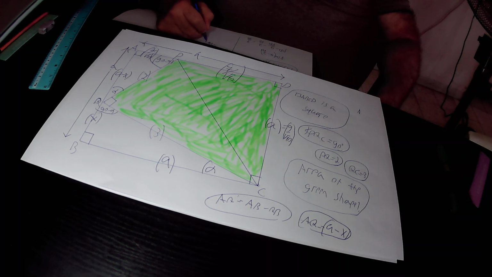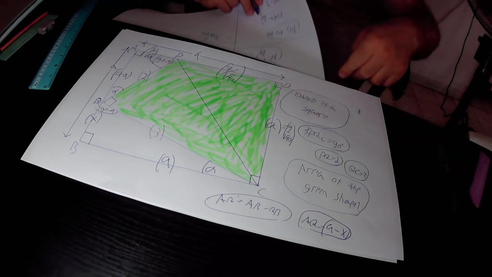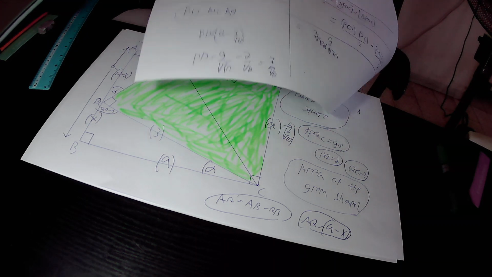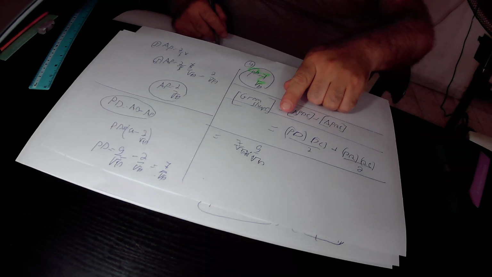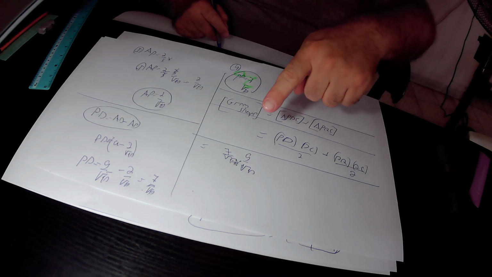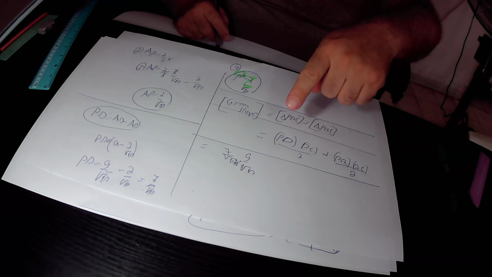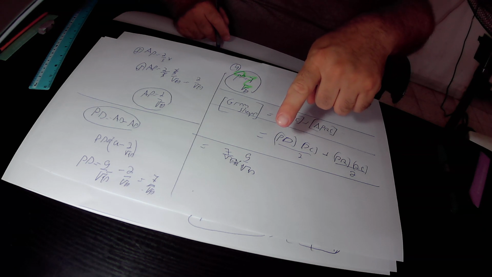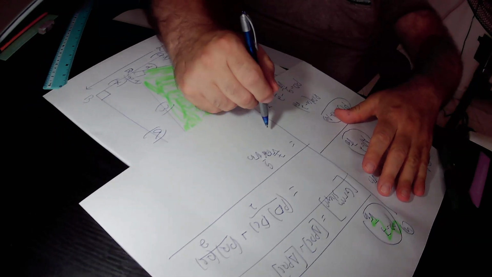So in total, we found out that the area of this right triangle PDC equals the base of the triangle, that is PD, and PD is 7 over square root of 10, times the height, that is DC, and DC equals 9 over square root of 10 units in its length, divided by 2.